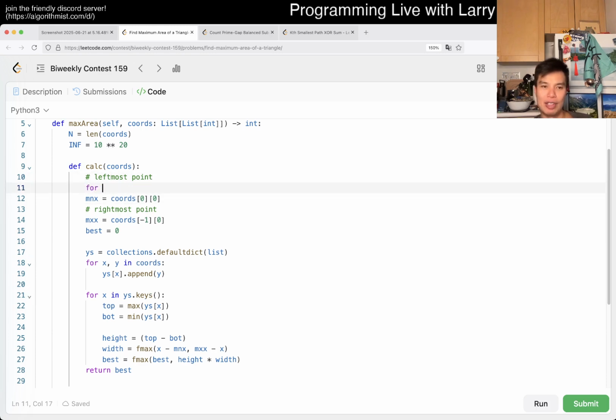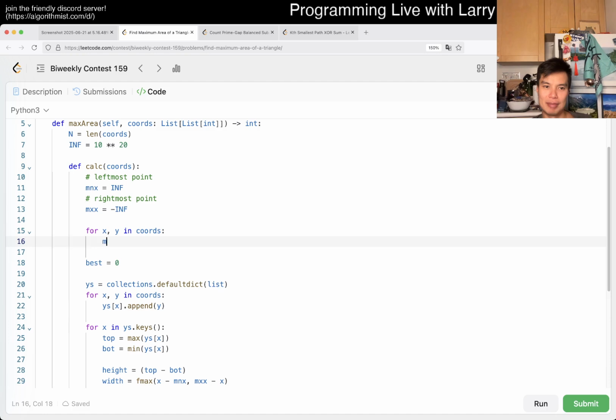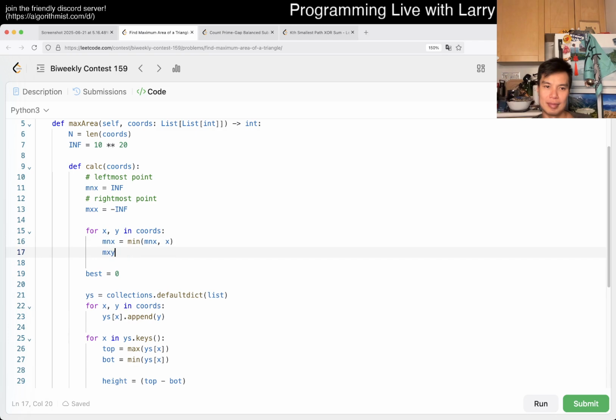So for x, y in coordinates, leftmost is going to be infinity, rightmost is going to be negative infinity, and then here, you know, right? So that's it.